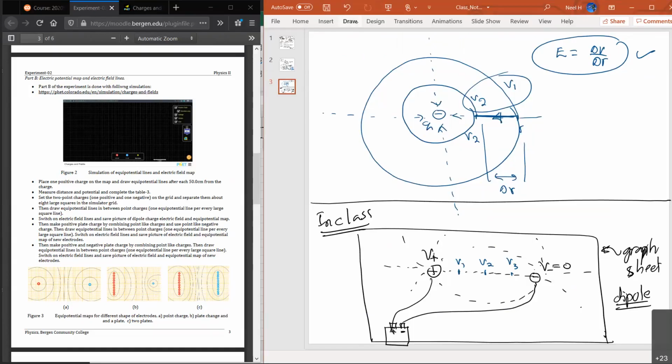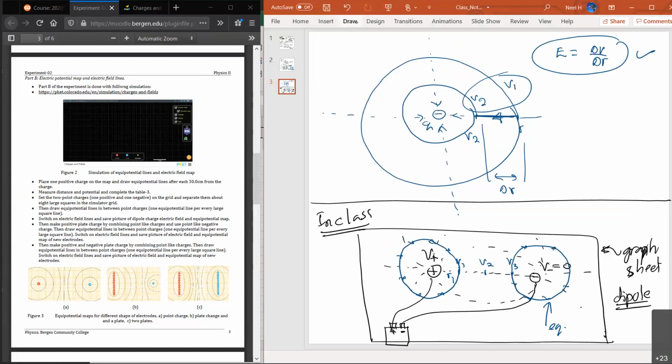If I keep the same R1 here and go around this charge, you will get a circle. So that is an equipotential line, right? If you go around here, you will get another circle. These are equipotential lines. I'm going to measure this V1 everywhere, mark these points physically, and then draw this line. If we do this in class, that is what we're going to do.